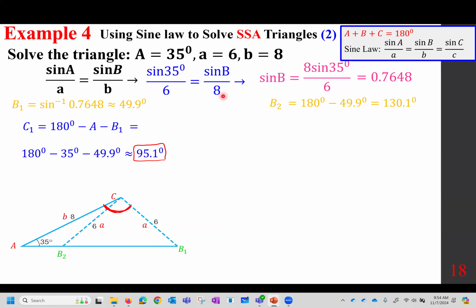Instead of sine B over 8, we are going to put sine C, which is sine of 95.1 over c. We're going to use this one to figure out the missing side. Again, what is this C1? Product of these two is the same as product of these two. So C1 is the product of these two divided by sine 35.